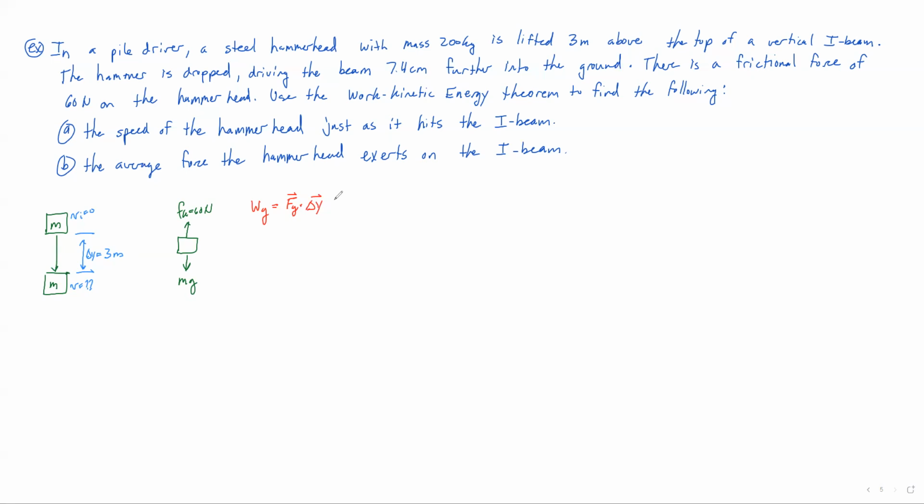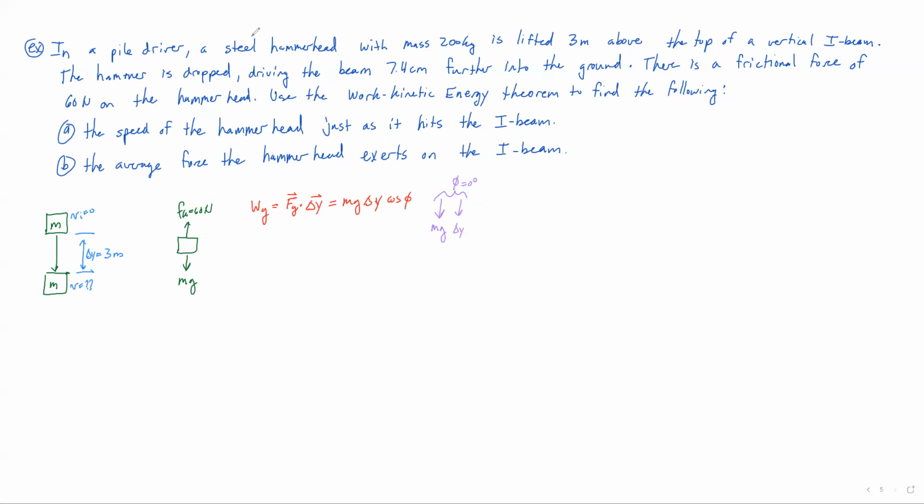Well, that's just going to be mg, that's what gravity is, times delta y times the cosine of the angle between them. Let's draw the angle between them. I have mg going down, and I also have delta y going down, because that's the direction it's moving. So phi is going to be 0 degrees.